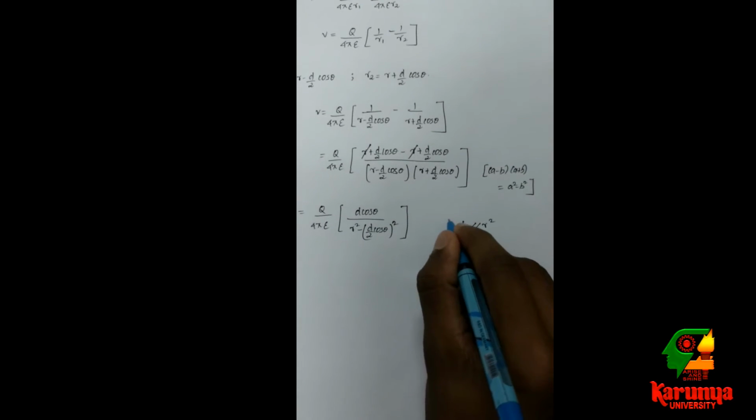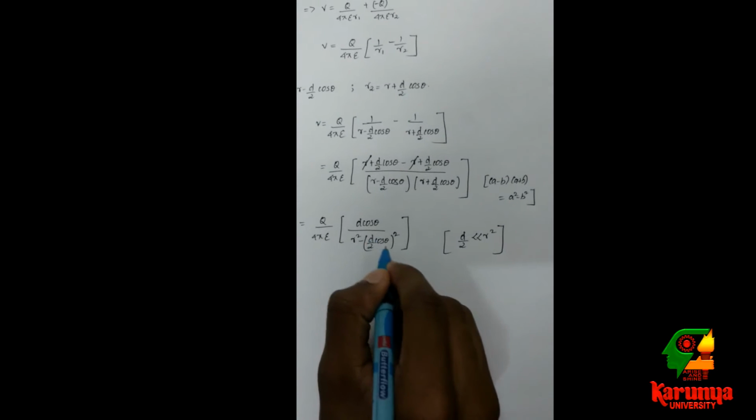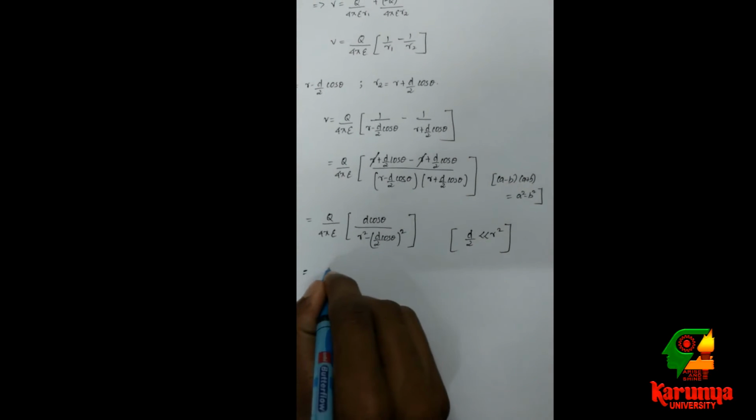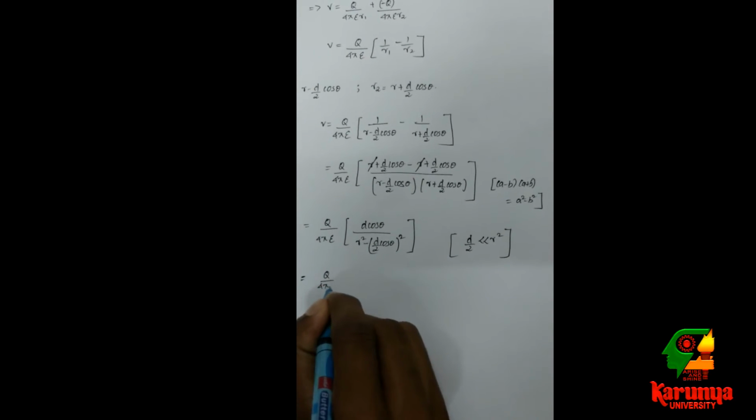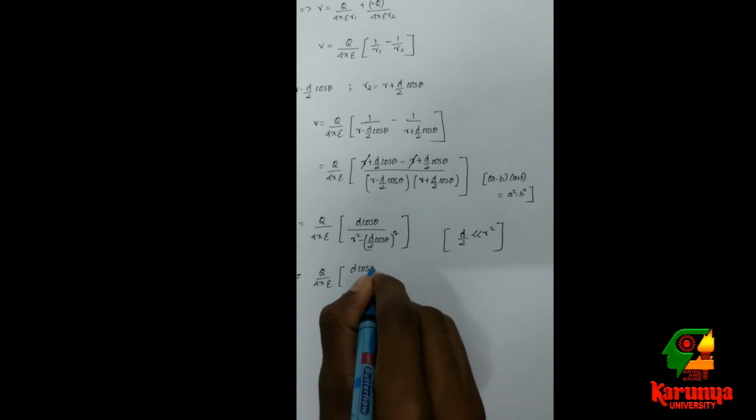Now we take a condition that d by 2 is very much smaller than r, that is r is so great that the d term is considered to be a minute value. So we ignore this term and write it as q by 4 pi epsilon into d cos theta by r square.